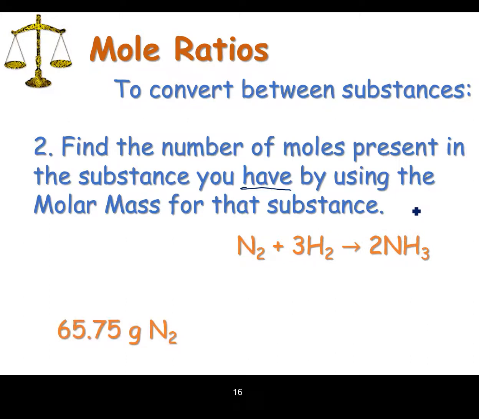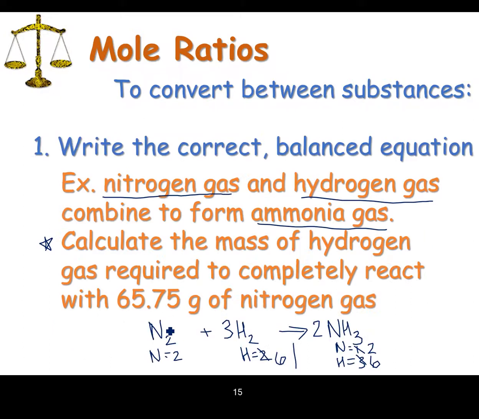In reading the question, we had 65.75 grams of nitrogen gas. I'll jump back there and show you. It says calculate the mass of hydrogen. So the mass of hydrogen is my need. If we analyze for the have and need, I need grams of hydrogen gas. What is the mass that would completely react with 65.75 grams of nitrogen gas?